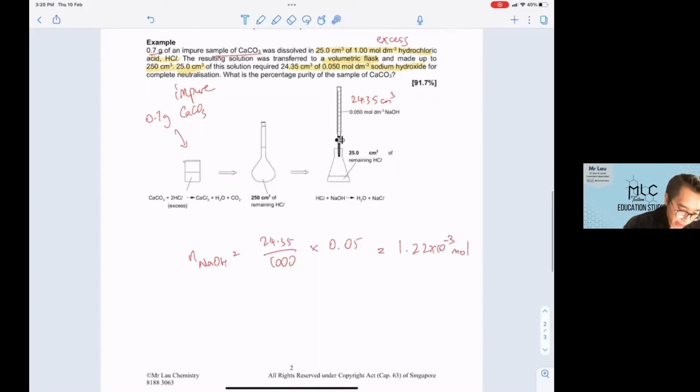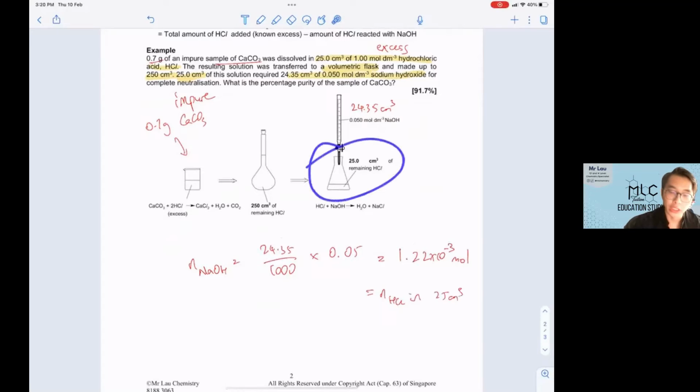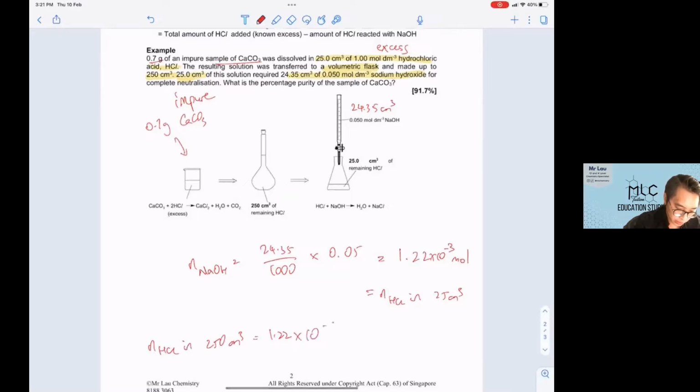The NaOH and HCl will react in a 1:1 ratio. So therefore, this will also tell you the number of moles of HCl in 25 cm3 of your solution. And next you need to work backwards. You need to scale it back up to find your number of moles of HCl in 250 cm3, which is 1.22 times 10 power minus 3 times 10. So this is 1.22 times 10 power minus 2 moles.